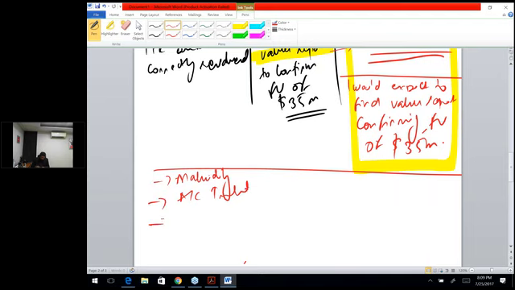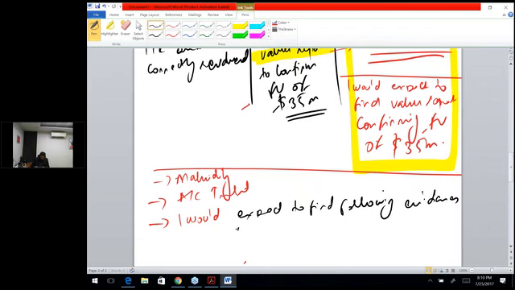And then you write down a line: I would expect to find the following evidences in my review of the audit working papers.